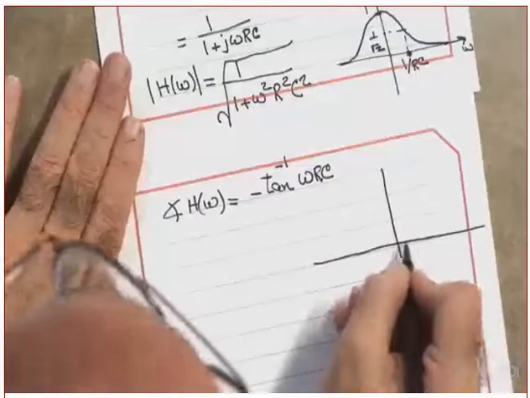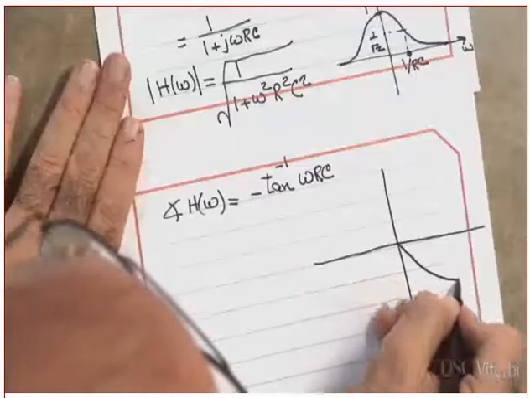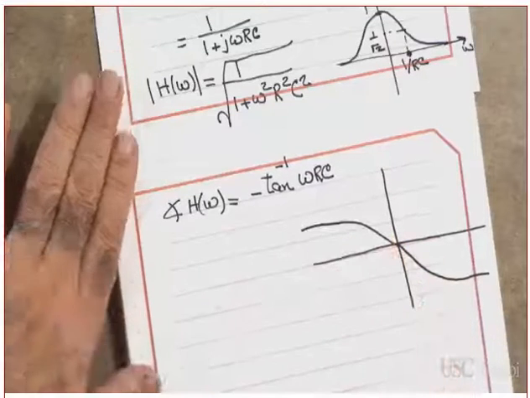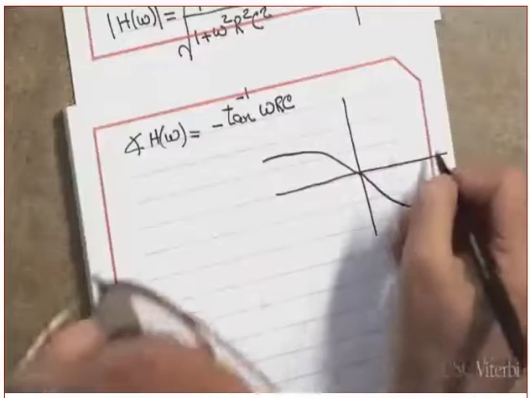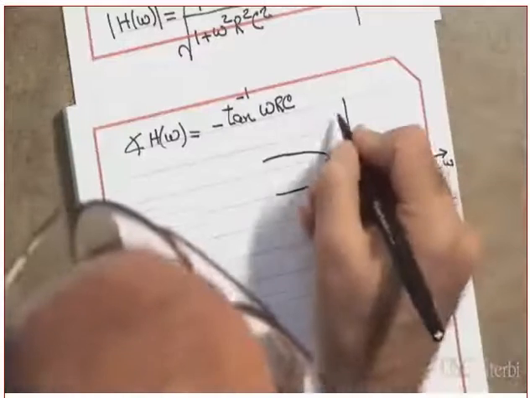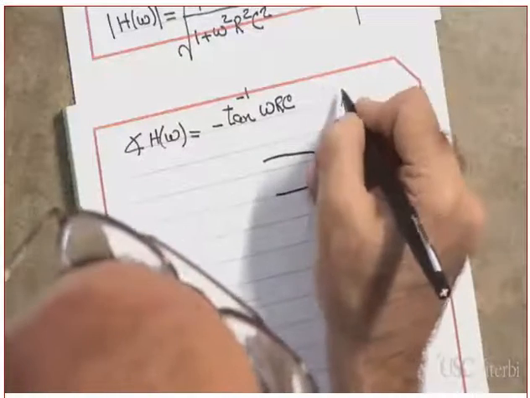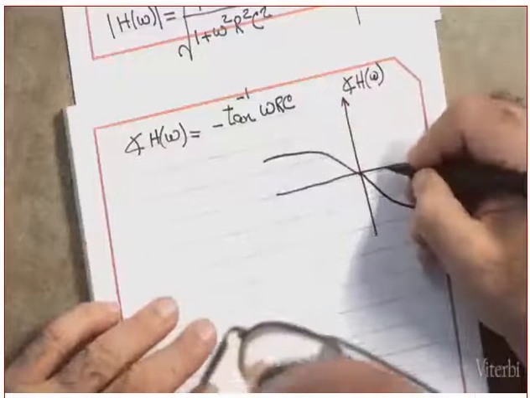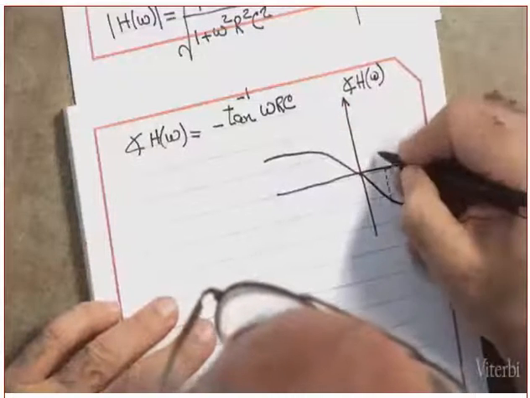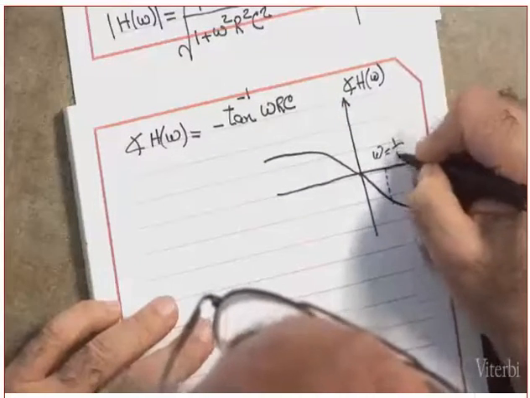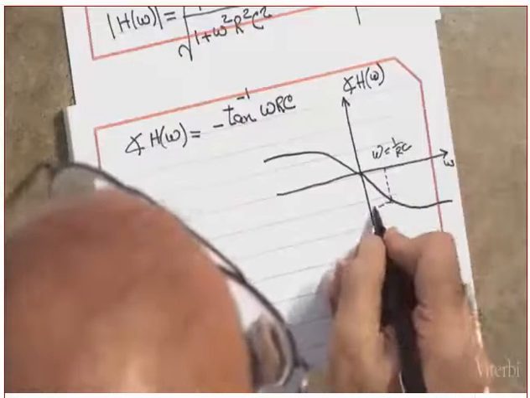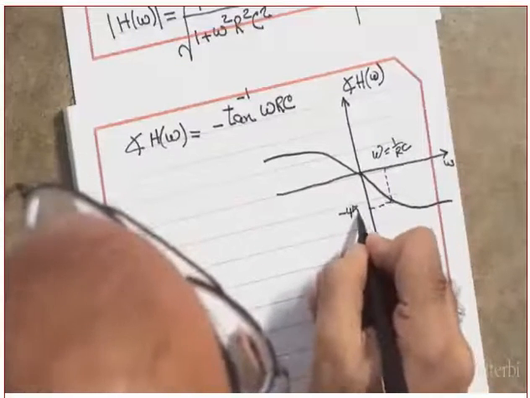Help me. Is it linear, by the way? Tan inverse. Yes, this is the phase of omega. Did you follow me or not? Okay. What is it at the 3 dB point, when omega equals 1 over RC? What is the phase? Minus 45 degrees.